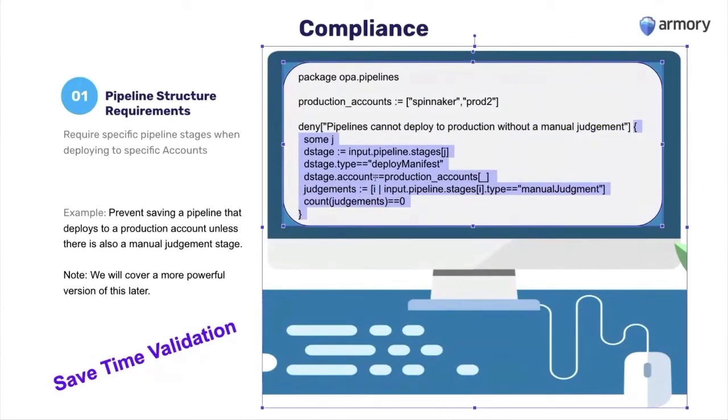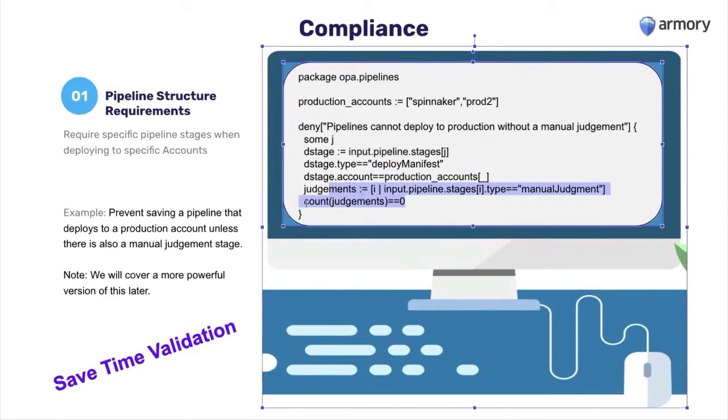You're going to see this pattern in a lot of these examples. The condition we're checking in this case is we're looking for any value of j such that it is a deploy manifest stage where the account is in our list of production accounts, and there is also no manual judgments.